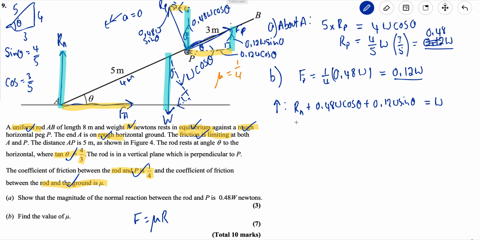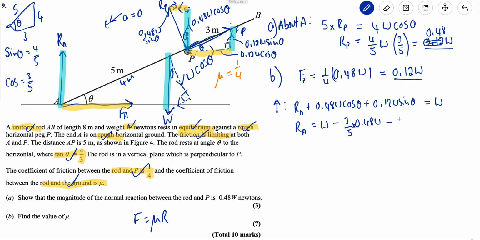So I'm going to rearrange this and put some values in for sine and cos. RA equals W minus 0.48 W times cos theta, so 3/5 of 0.48 W, and I've also got to subtract this.